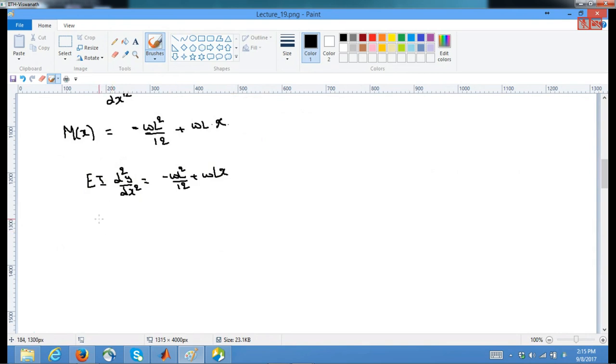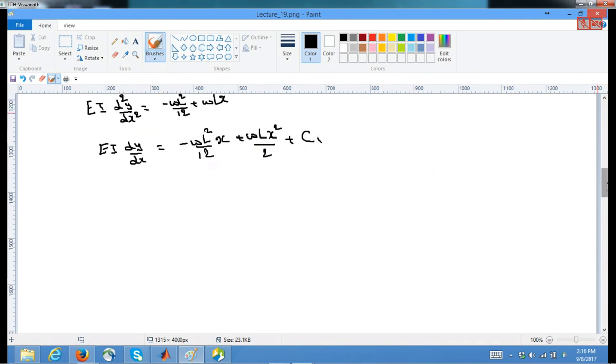On integrating it, we will get the slope, and further on integrating one more time, the deflection.